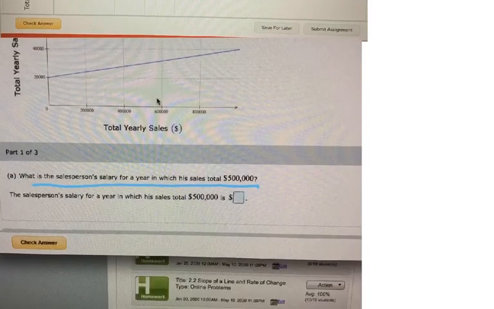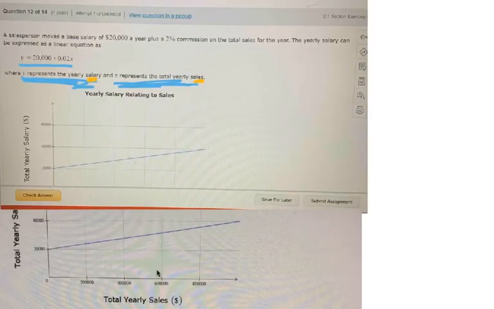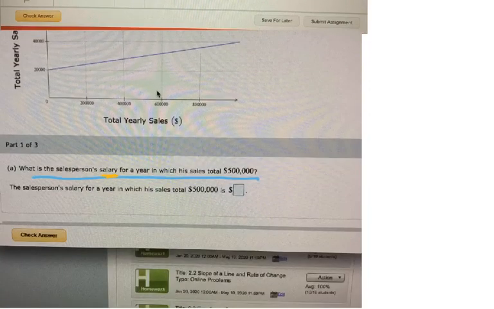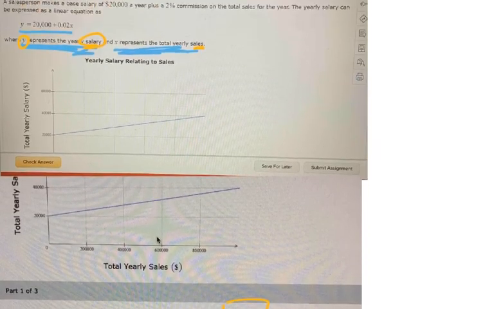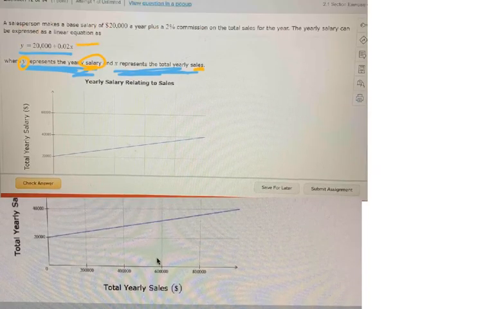So when they say, what is the person's salary, we know salary is the y value. That means 500,000 has to represent the x value. So all you have to do is substitute into this equation 20,000 plus 0.02 times $500,000, and we just solve this.